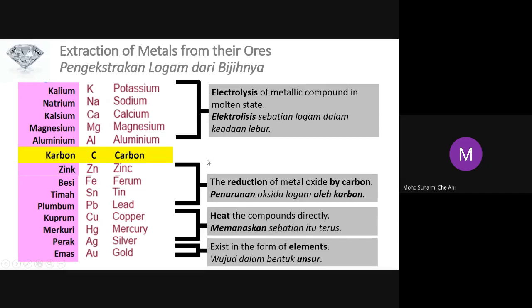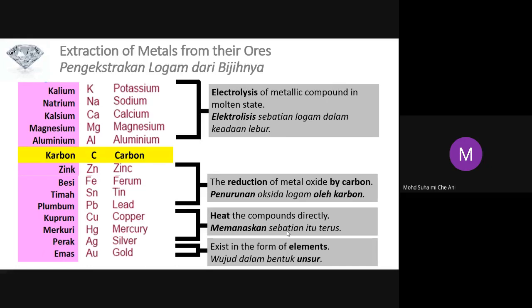For this class, I will show briefly electrolysis, reduction by carbon, heating, and the last one, the form of elements, in the video. For the next video, it's just additional information for you, so you don't need to remember it for the exams, okay? We learn about these four methods just for your additional information.